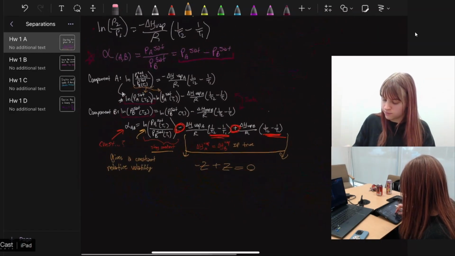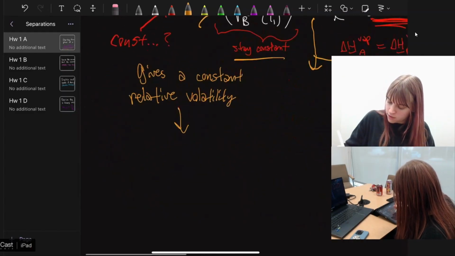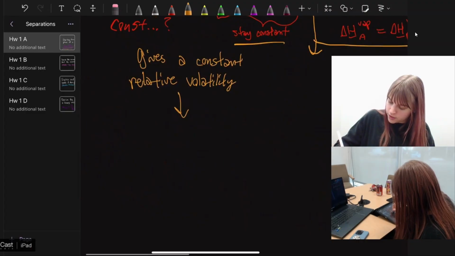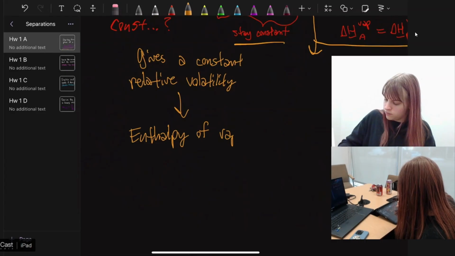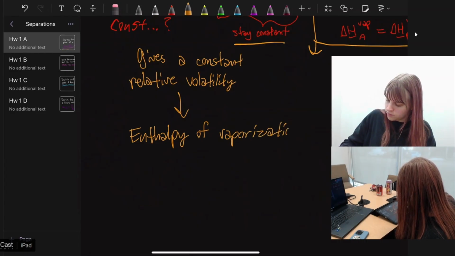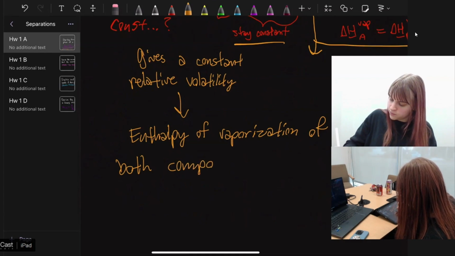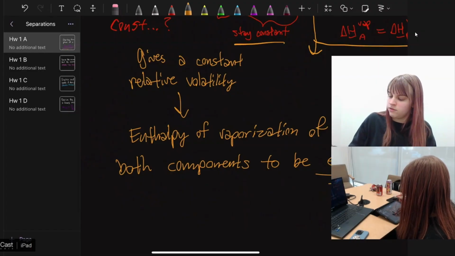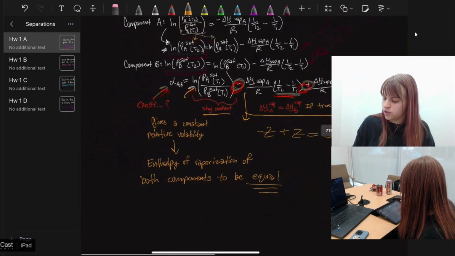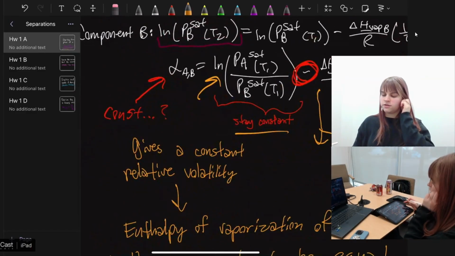And I think that is it. In order to have this, we need the enthalpy of vaporization of both components to be equal. If that is satisfied, then the relative volatility will be constant.